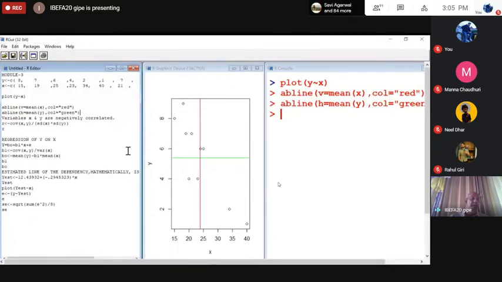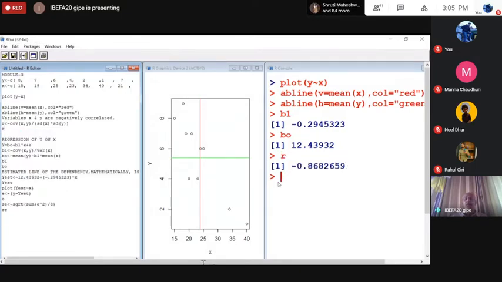That is denoted by the regression equation with the constant numbers b1 and b0. The degree of correlation is shown by the correlation coefficient.